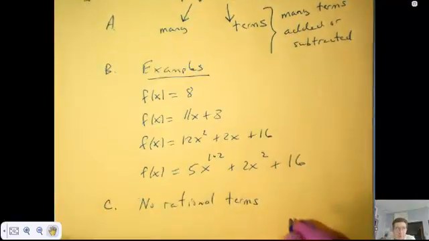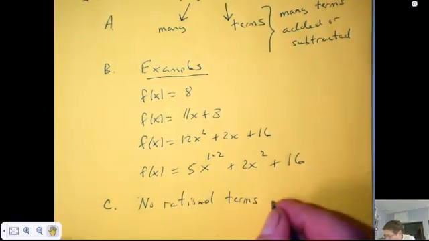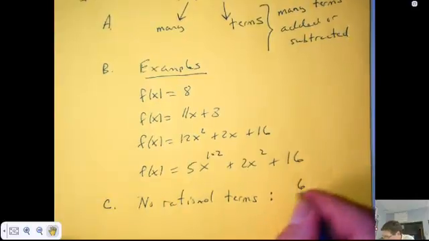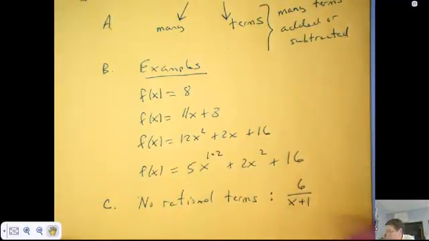So what do we mean by a rational term? A rational term would be, well, we'd have a variable in the denominator. That'd be a rational term, right? And we have none of those in polynomials.